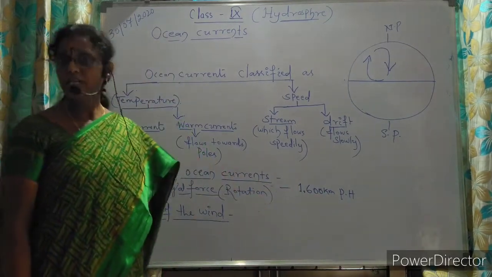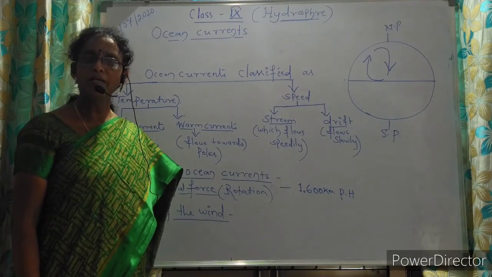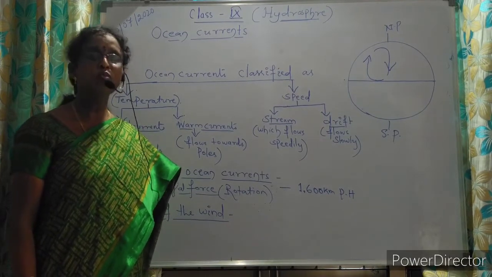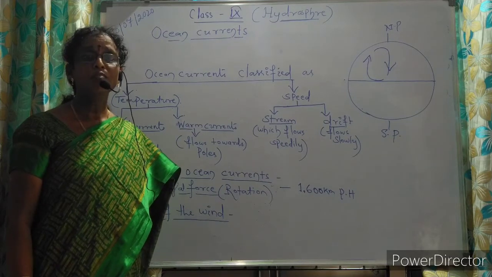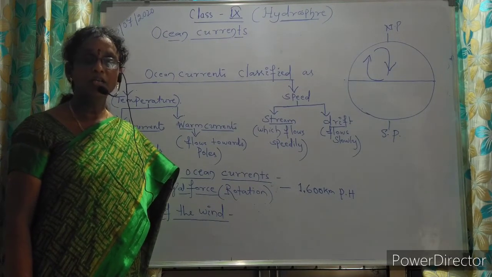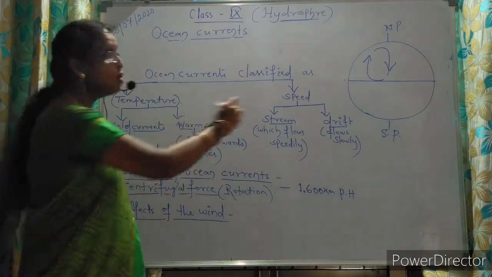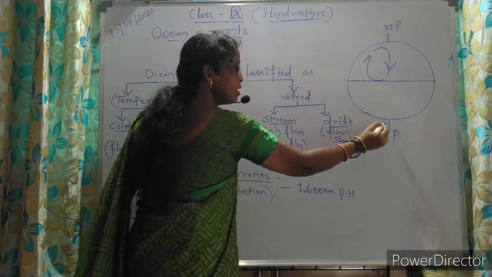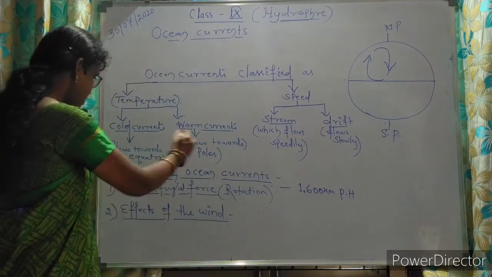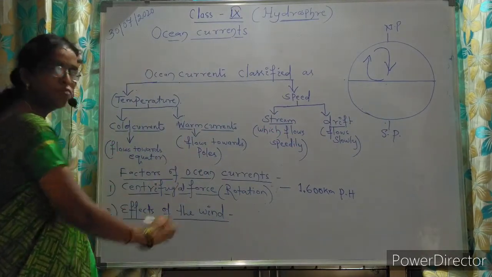Along with the rotation of the earth, the water and wind also move. And while moving with the speed of wind, the water moves towards the North Pole and towards the South Pole.